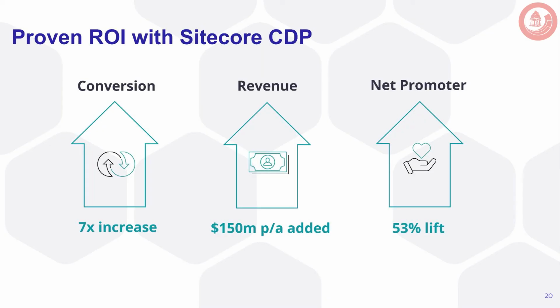With Sitecore CDP, an organization's conversion rate can be increased by 7x. It's not 1, 2, or 3x. It can increase by 7x, and it can keep on increasing in the future. This figure is calculated on the basis of existing analysis that has been done around the CDP.